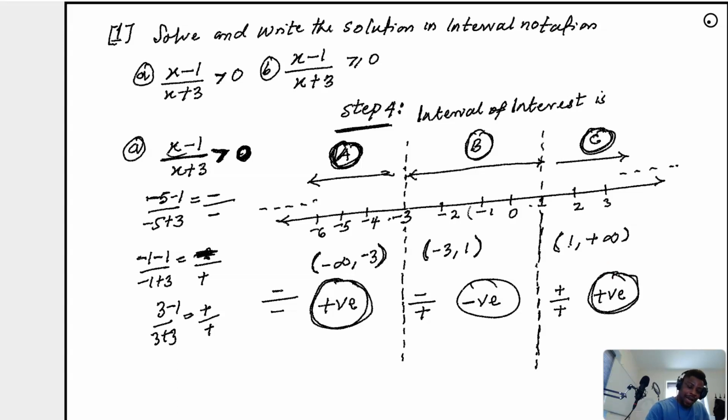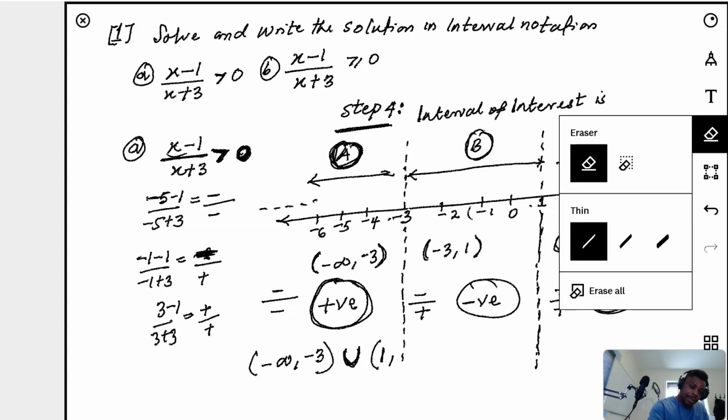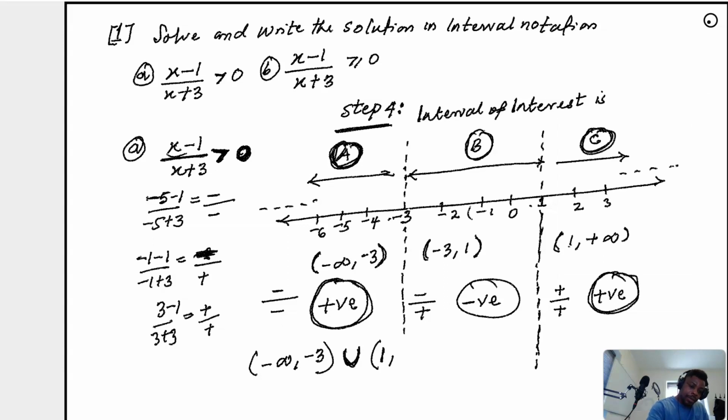So the interval of interest is going to be this. That is from part A, union part C, which is 1 comma plus infinity, or you can write infinity.